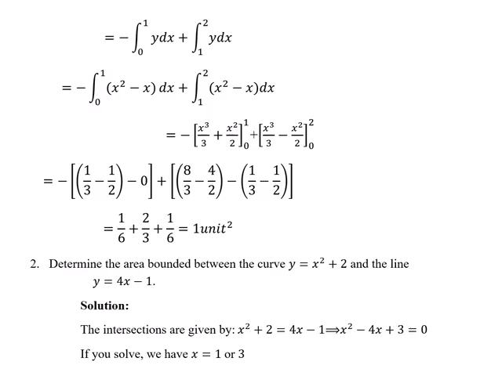We have now set the two expressions equal to each other. We now solve it and factorize, after equating it to 0. Then we have the two values of x: x equal to 1 and x equal to 3.